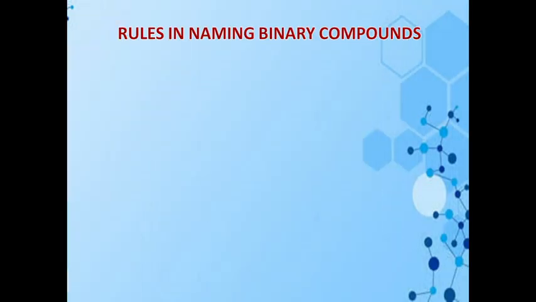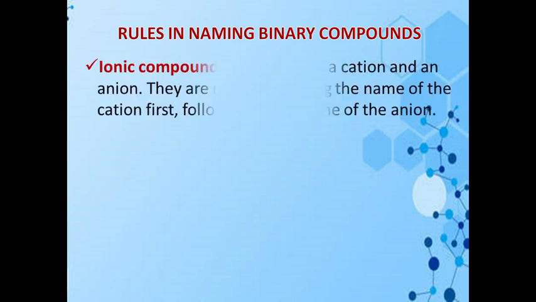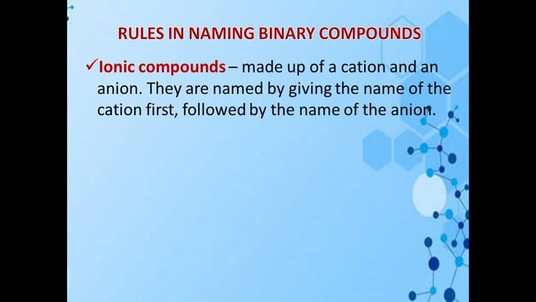Next, we need to know the different rules in naming binary compounds. First, let us define what an ionic compound is. An ionic compound is made up of a cation and an anion. Cations are metals with a positive charge, and anions are non-metals with negative charges.